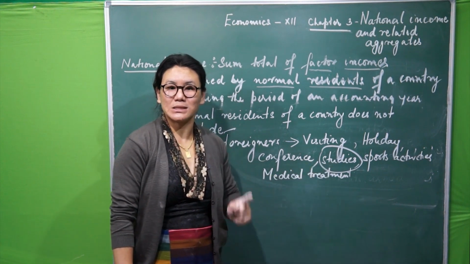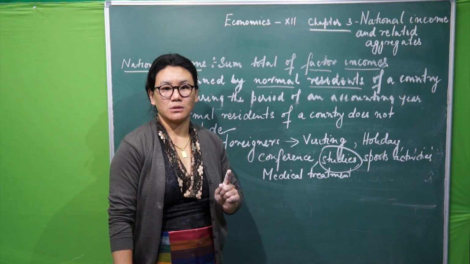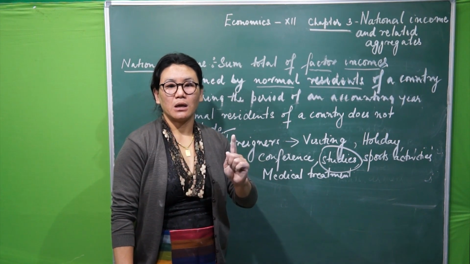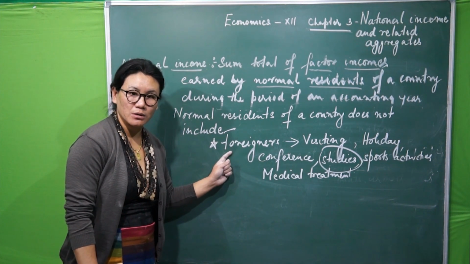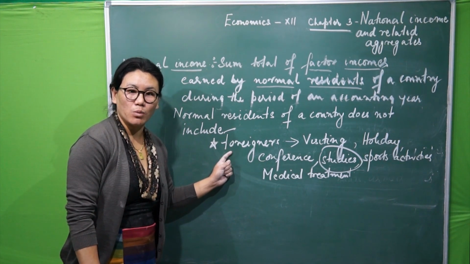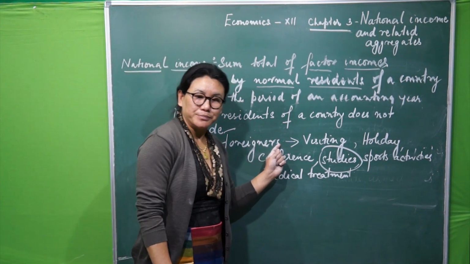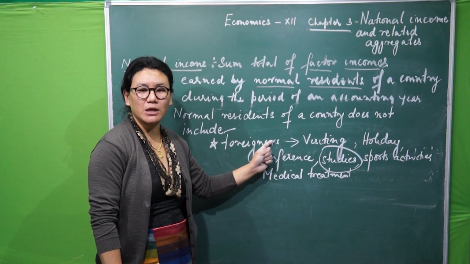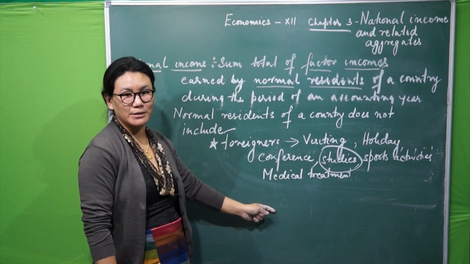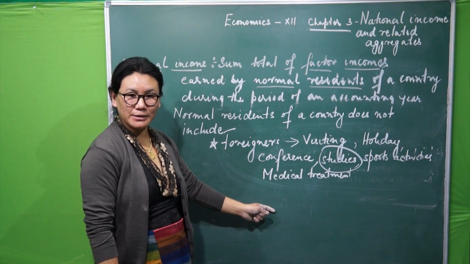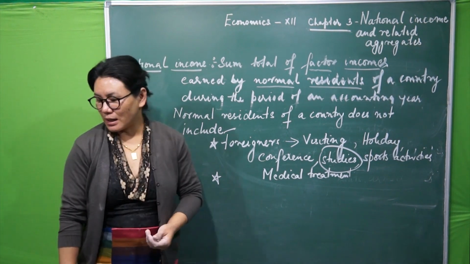Even if they are staying in India for a period exceeding 1 year, they are not called normal residents of India. Got it? Because these people, foreigners, their economic interest lies in their home country, not in India. Is that clear?